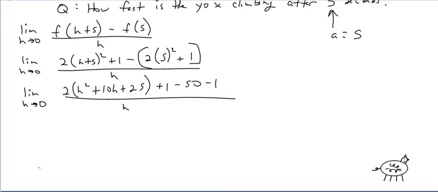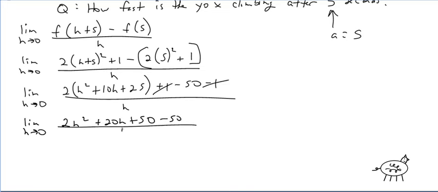Okay, let's keep going. Limit as h approaches 0 of 2h squared plus 20h plus 50, and then the 1s cancel and it's minus 50 over h. You can see things are canceling a little bit.